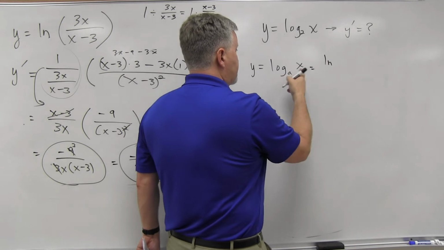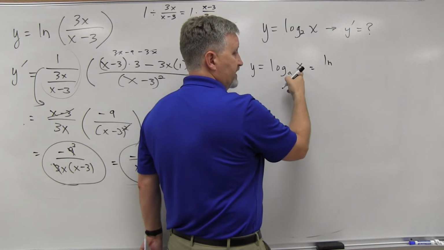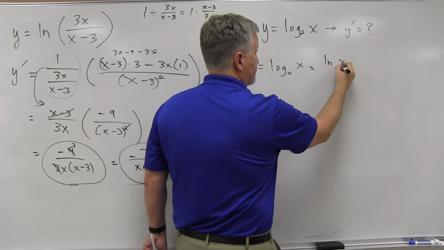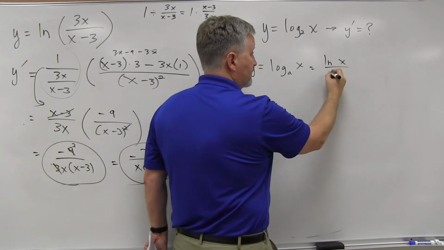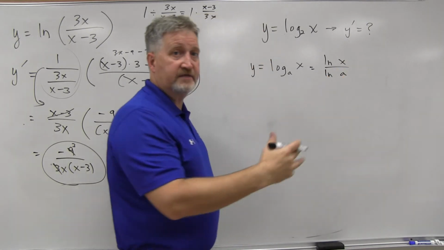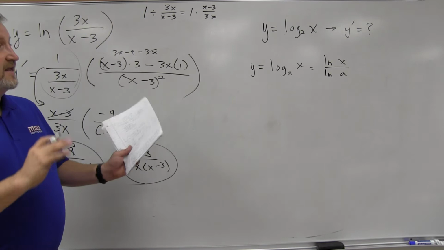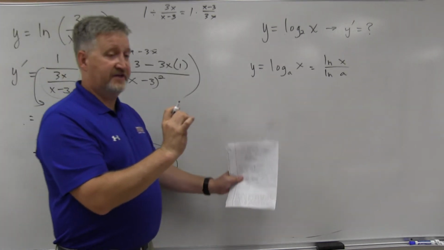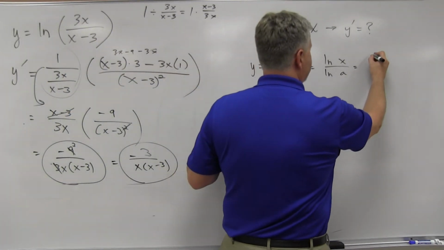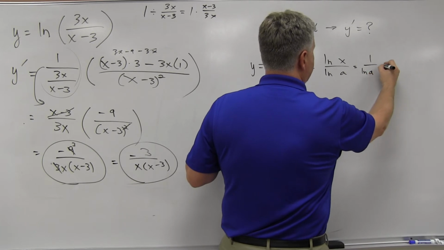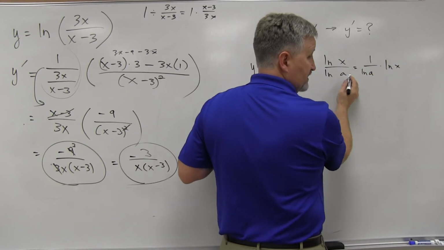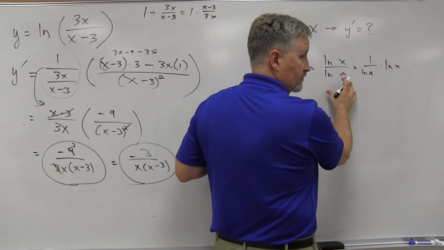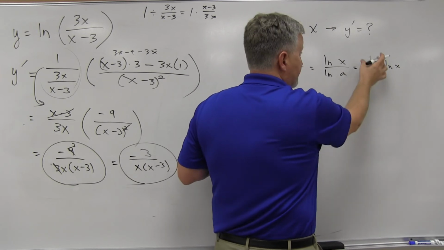What's the change of base tell me? Log base a of x would be ln of x divided by what? ln of a. Change of base theorem. Now if you look at that, a is just a number. This is just 1 over ln of a times ln of x. This is just a number. You don't have to do quotient rule because that's just a number.